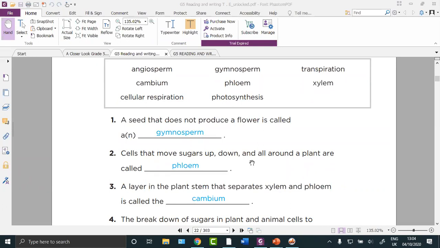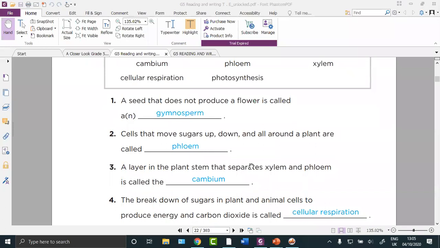Number five, please. Yes, angiosperm. Thank you. You did well. What is number 4? Lower your hand. When you finish, lower your hand automatically.